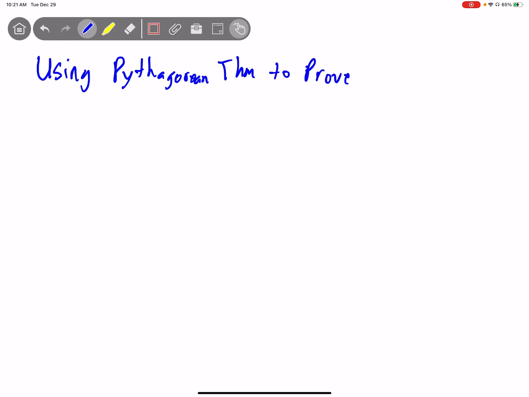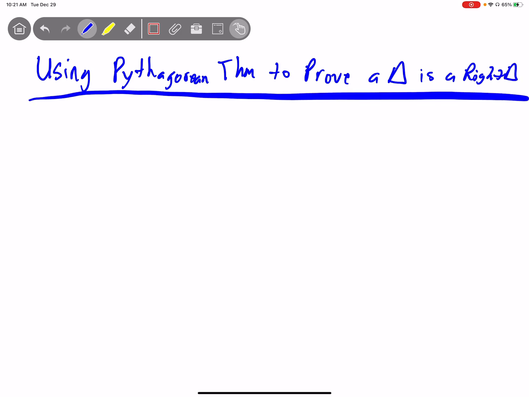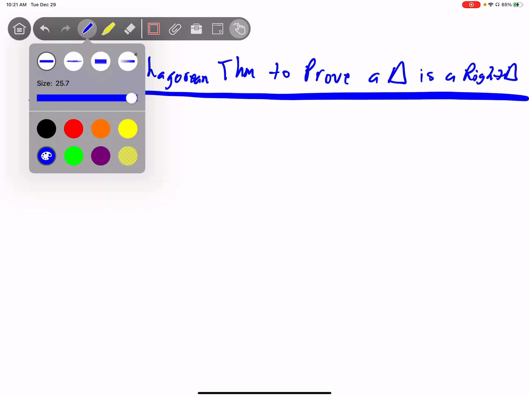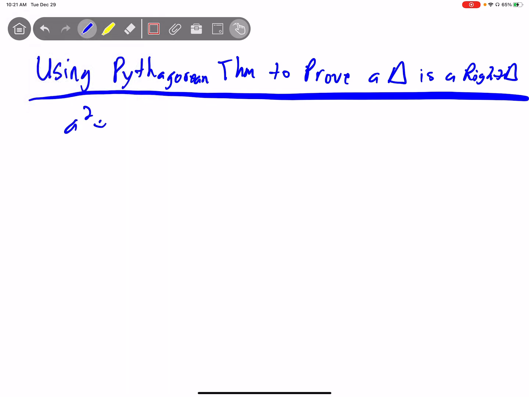So we're going to be using the Pythagorean theorem to prove a triangle is a right triangle. How do we do that? Well, again, the Pythagorean theorem is a squared plus b squared equals c squared.